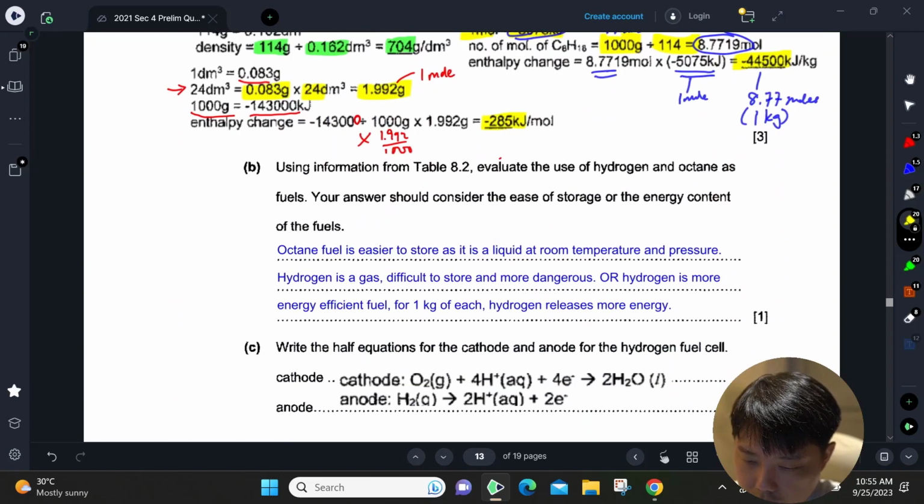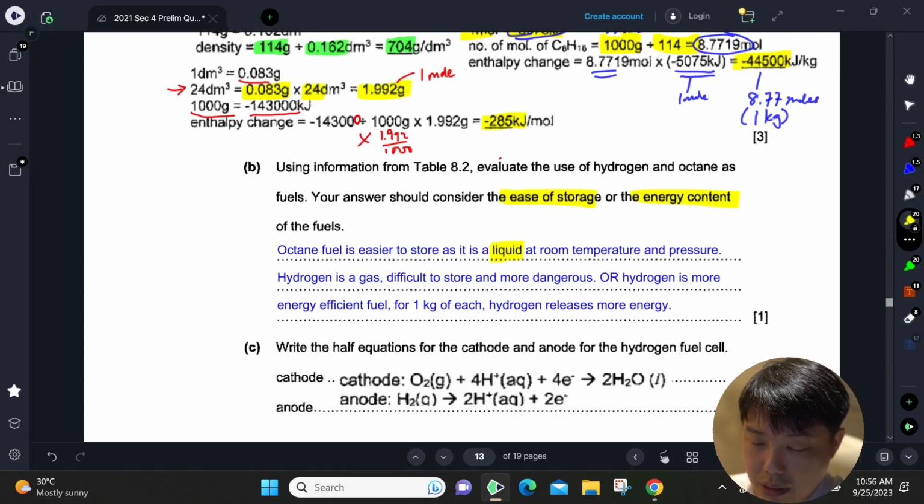Part B, using information from table 8.2, evaluate the use of hydrogen and octane as fuel. Consider the ease of storage or the energy content of the fuel. In terms of ease of storage, octane definitely is easier to store because it is a liquid. In fact, this is what we are using in our vehicles now, petroleum, which is liquid.